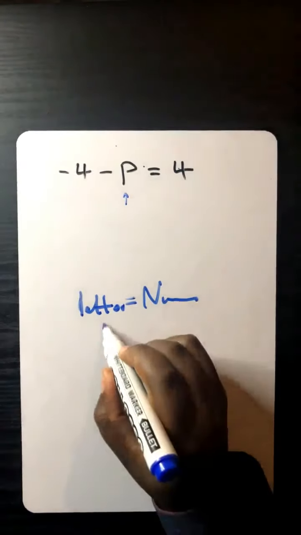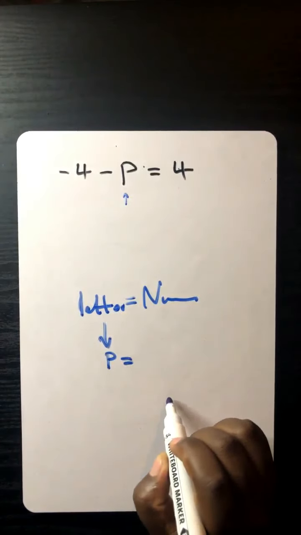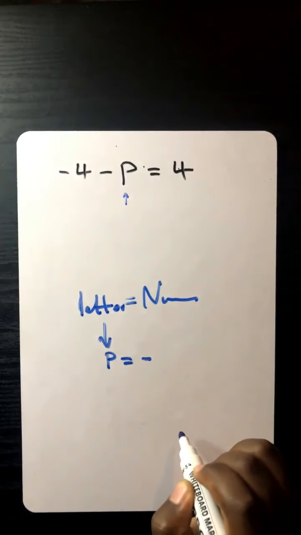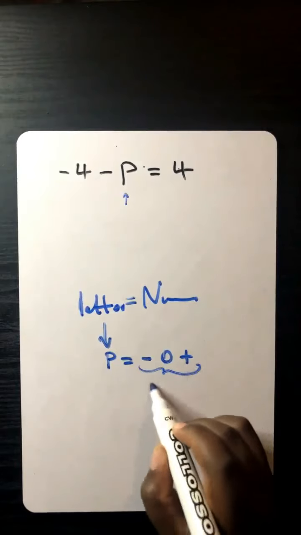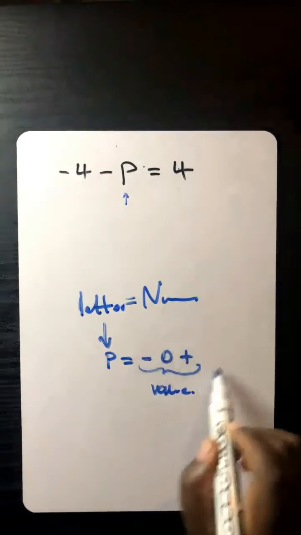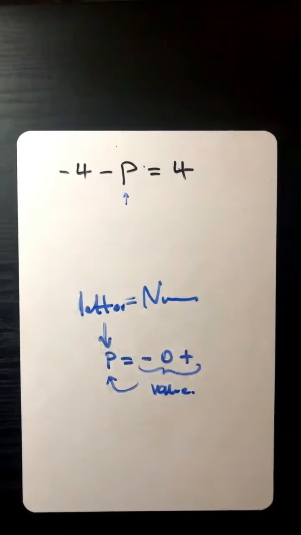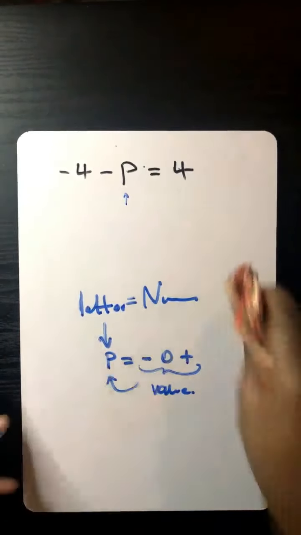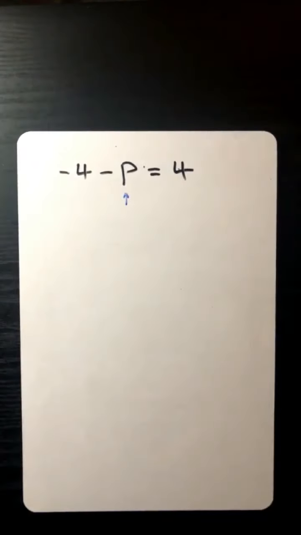We are saying our letter, which is P in that problem, must be equals to a number which could be a negative number, it could be 0, or it could be a positive number. So this is what we call a value. So a value is an actual number, which means whatever number that we get, it is represented by letter P in the original equation. So the reason why you need to be able to interpret the given problem is because it helps you to know how your final answer should look like.